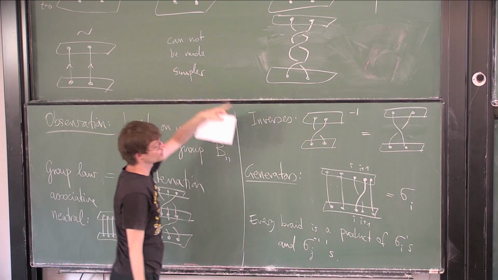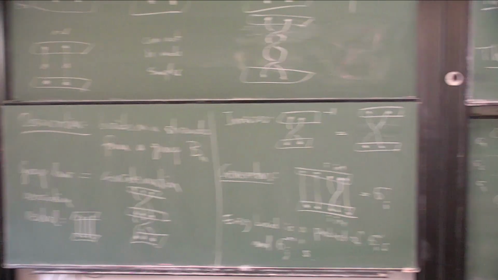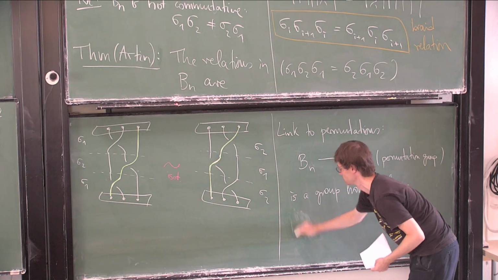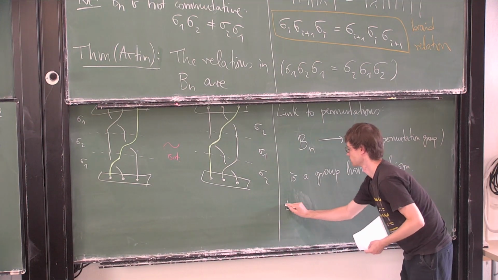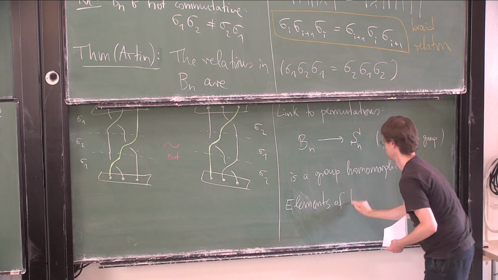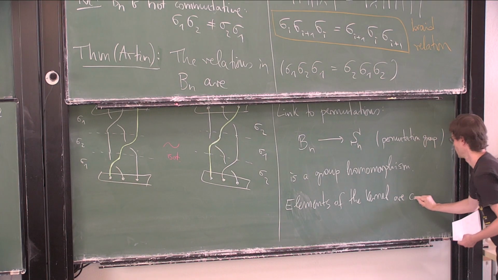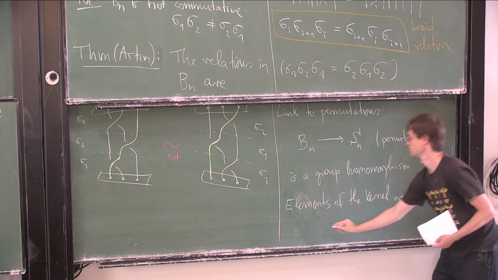This is an example of an element in the kernel of this map. The elements of the kernel are called pure braids.